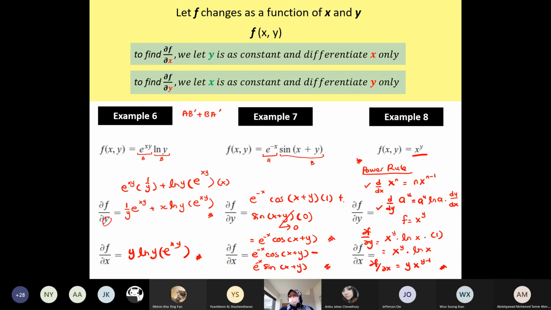a^u ln a du over dy, sorry, this one is supposed to be y. So this one you can refer back to the power rule for the rational power.